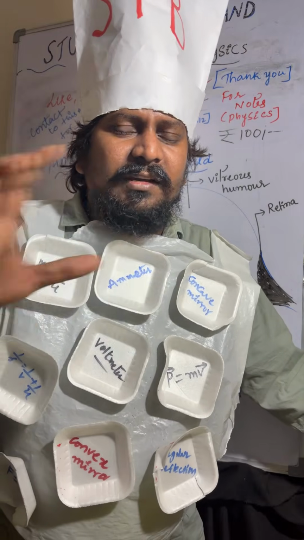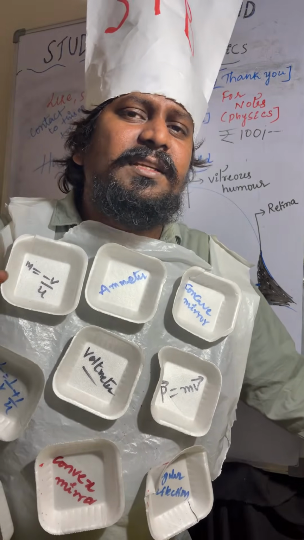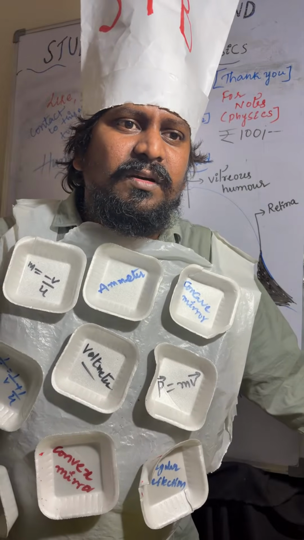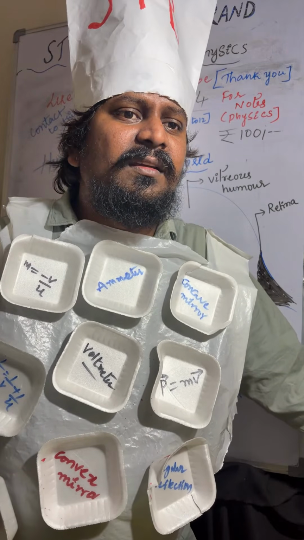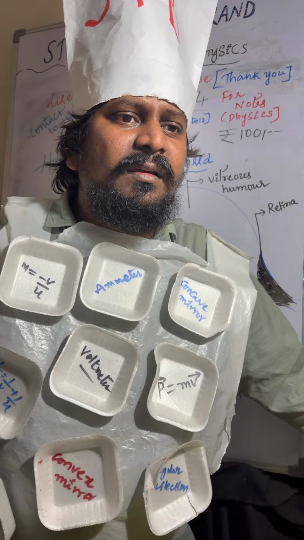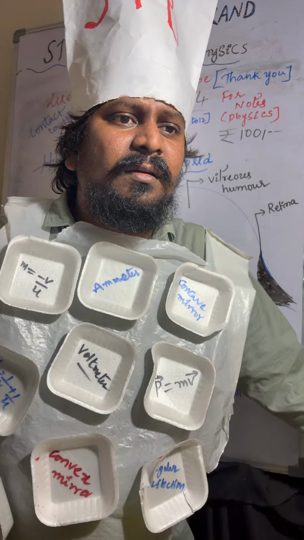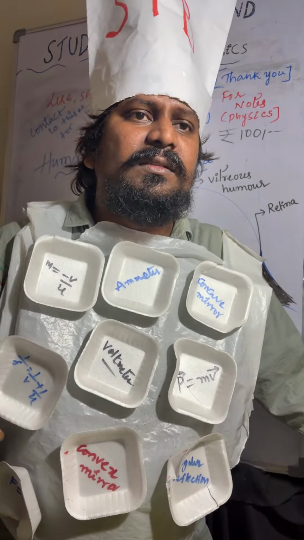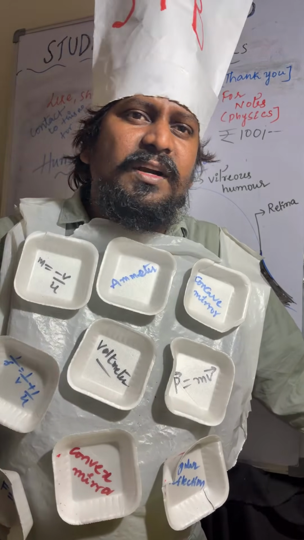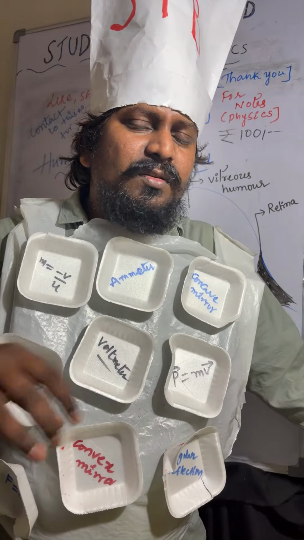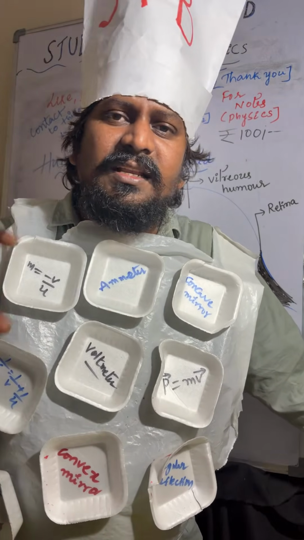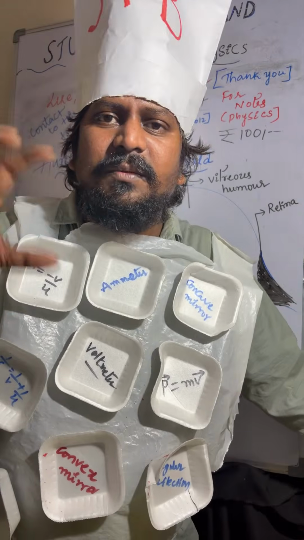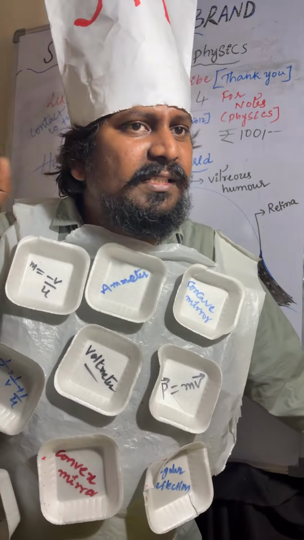Whatever I am saying, all the points are there in our CBSE textbook. In the yellow box it is there. Whatever I am teaching, all these sentences are taken from the CBSE textbook. You can check once.